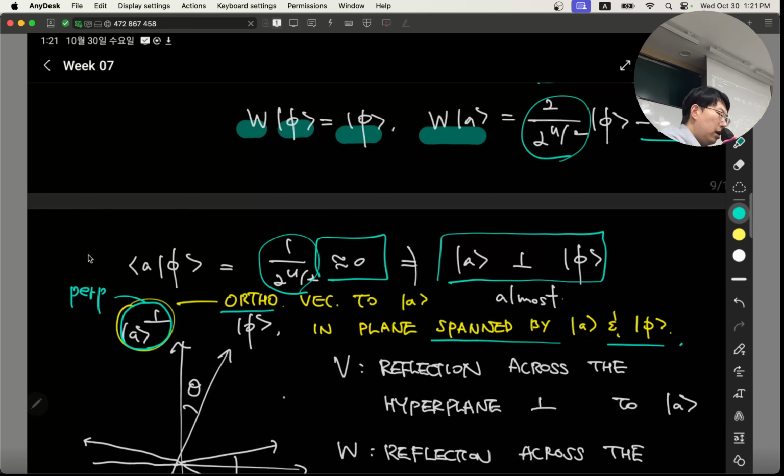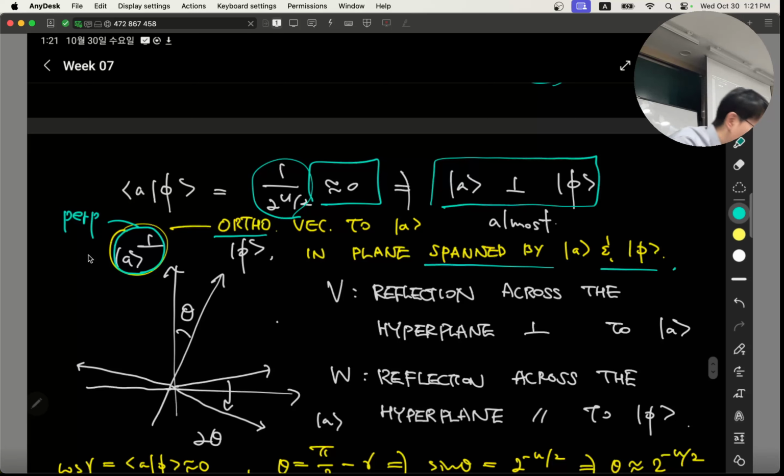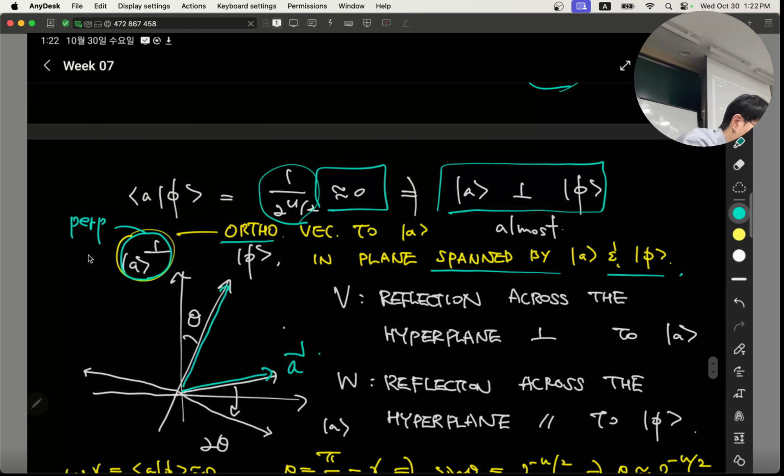Okay, so A, let's say, did I indicate A? So maybe A is this one, and phi is this vector. I said it's almost perpendicular, not exactly perpendicular.